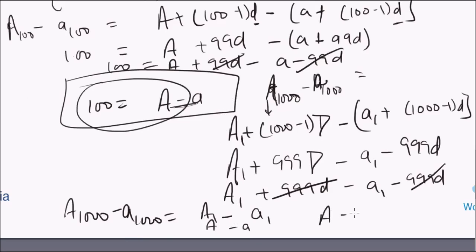A minus a is 100. So the difference between the 1000th terms will also be 100 for the given APs having the same common difference.